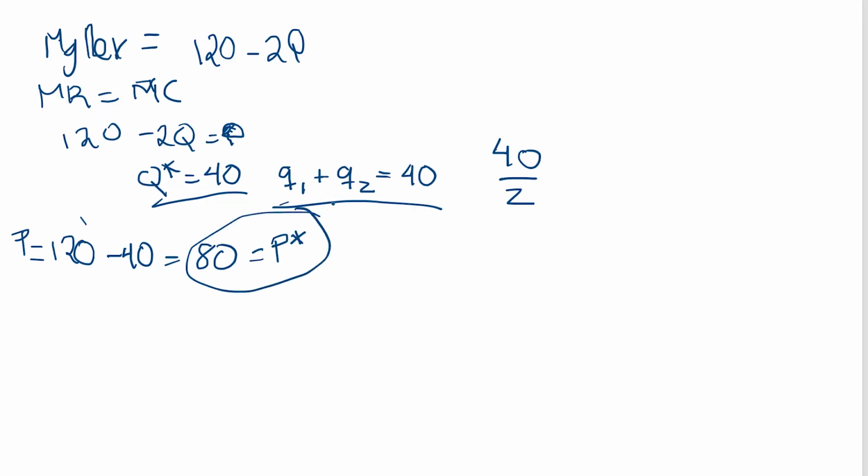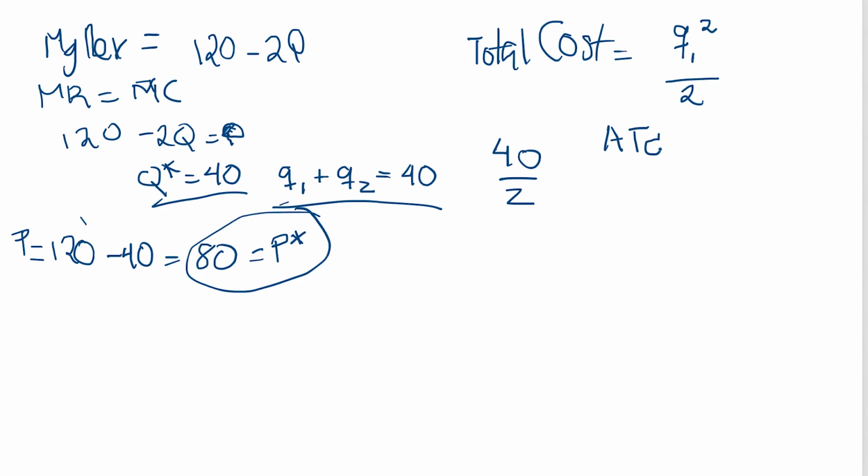And now it's not always the case that we're facing this total cost. We have that the total cost is given by Q1 squared divided by 2. This means that the average total cost is the total cost divided by all the production, which is given by Q1 divided by 2, and of course Q2 divided by 2 is the average total cost of the second firm.